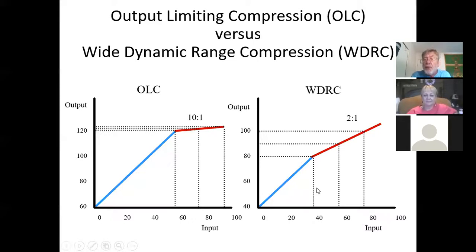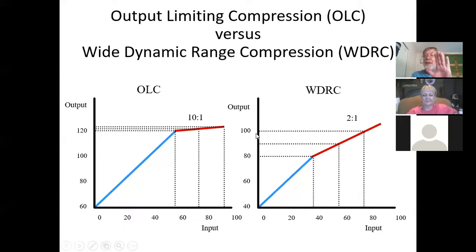And then at a knee point of 40, the hearing aid goes into compression, but a weak degree of compression. A 2-to-1 ratio. My inputs increased by 20, my outputs increased by 10.